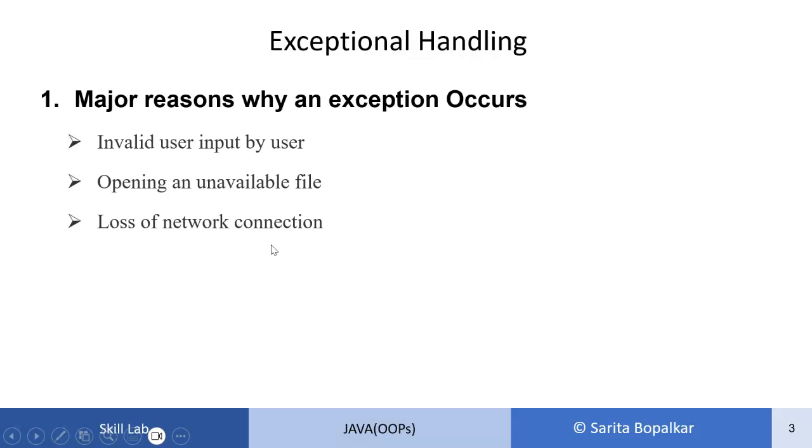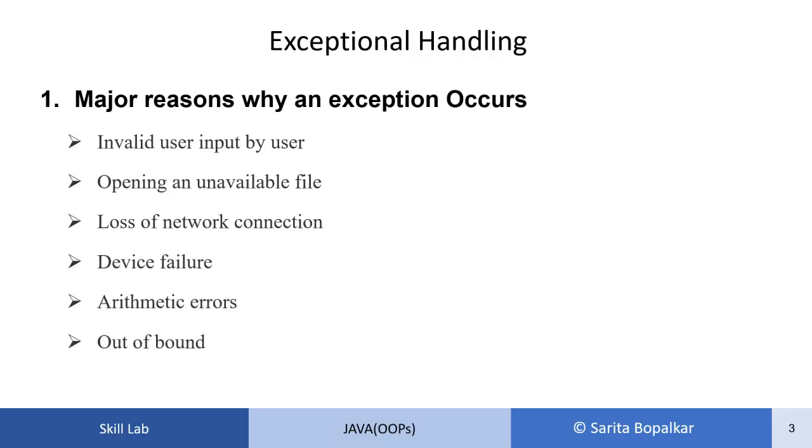Next one, device failure. For example, the program wants to print something and the printer is not available, or not working properly, or there is no ink or no paper. This is an example of a device failure exception. Like this, arithmetic errors and out of bounds are reasons for exception occurrence.